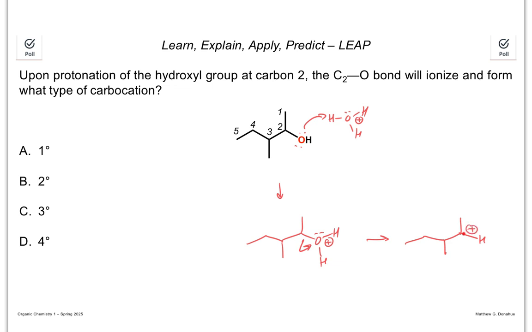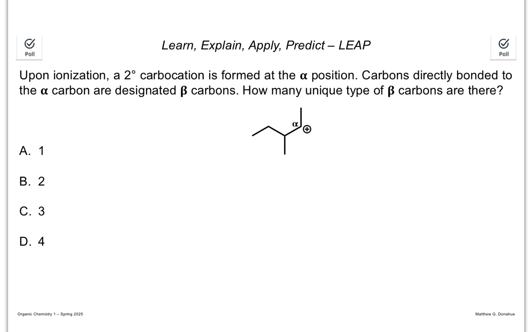And we look at that carbon, count the number of carbons to it, 1, 2. That gets us a secondary. Upon ionization, a secondary carbocation is formed at that alpha position.